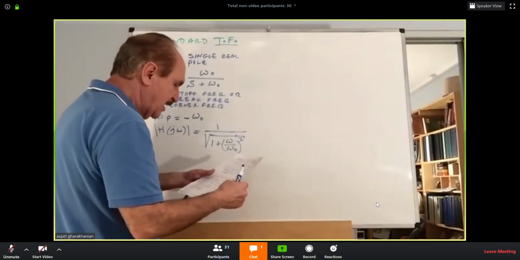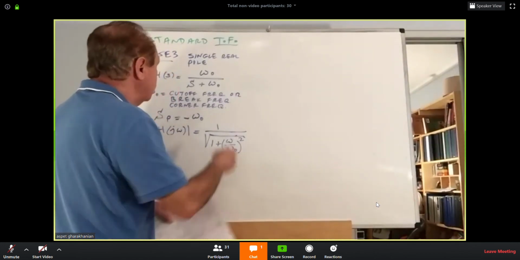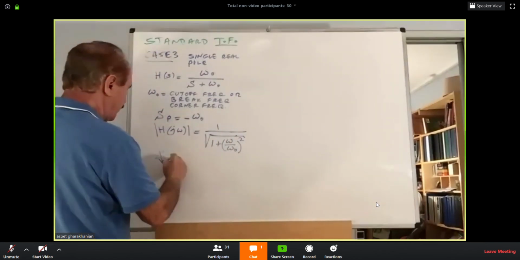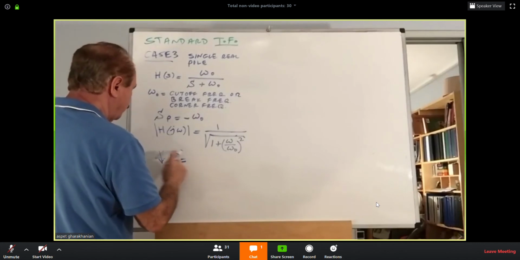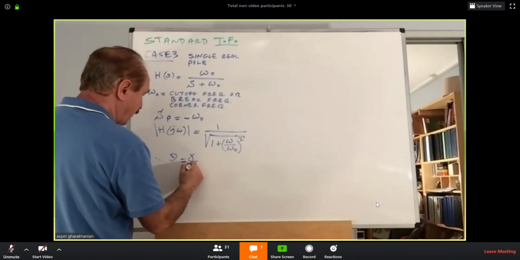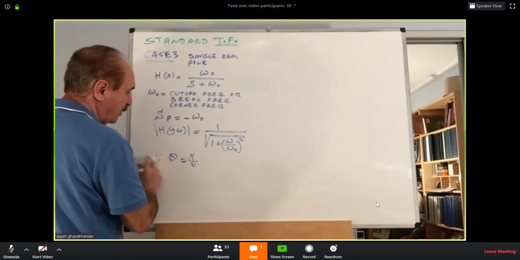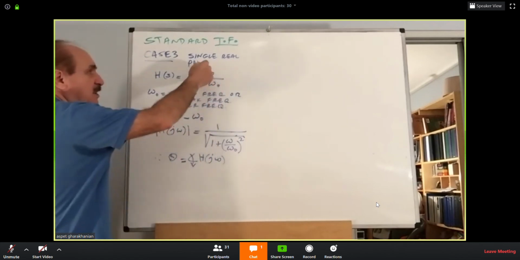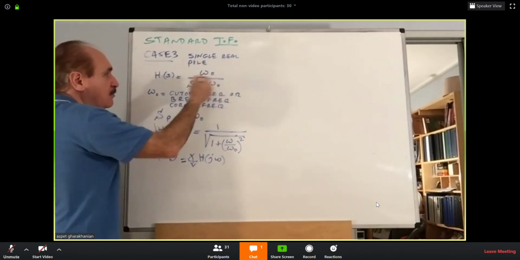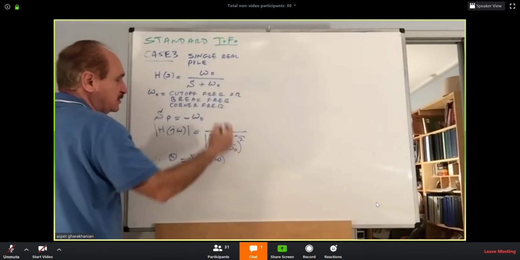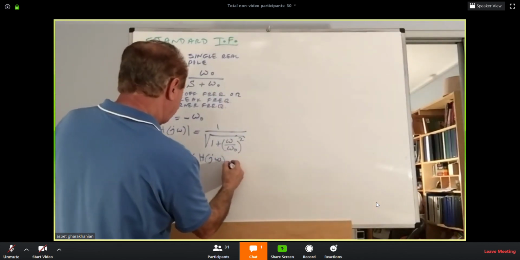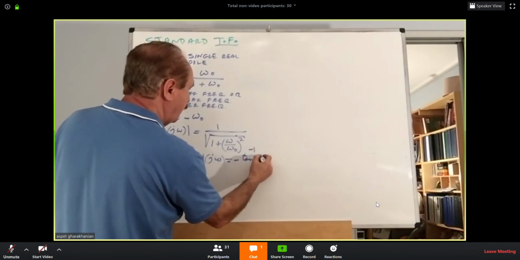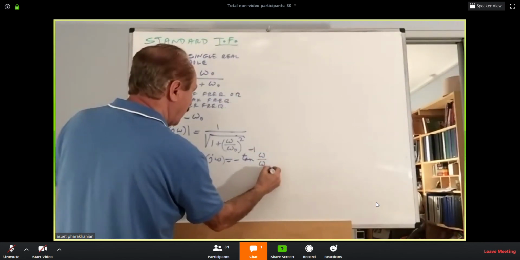Now let us take a look at the angle. The angle of that function, theta, which is equal to the angle of H of j omega, will be equal to the angle of the top, which is non-existent, 0, minus the angle of the bottom. The angle of the bottom is equal to minus tan to the minus 1 of omega over omega O. There you are.